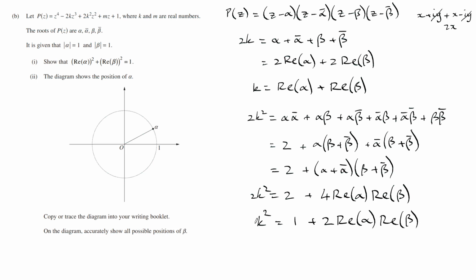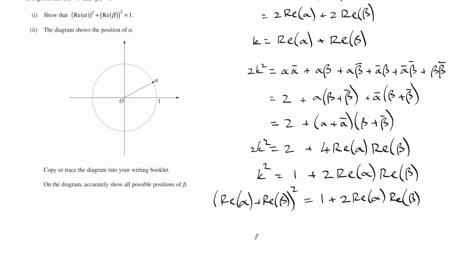And then what we could do is use this equation that we found before. We can sub that into there. So real part of alpha plus real part of beta squared, we know that equals 1 plus 2 real part of alpha, real part of beta.